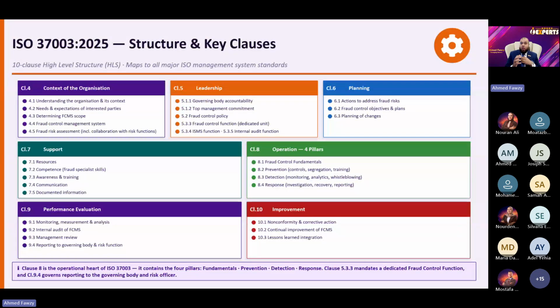Maybe I will make a specific report for the risk function and for the upper management, so 2 reporting lines. Finally, the improvement is extremely important, because once we discover a non-conformity, we have to create an action plan and make the enhancement. So at the end, this is the main structure.